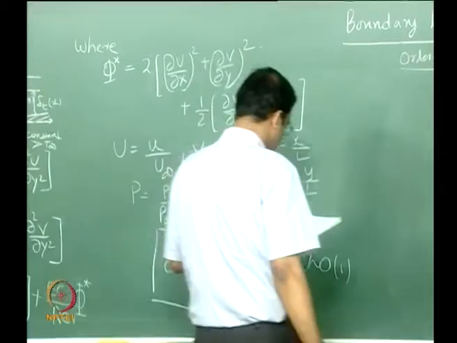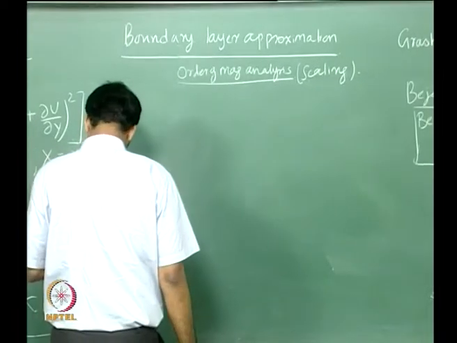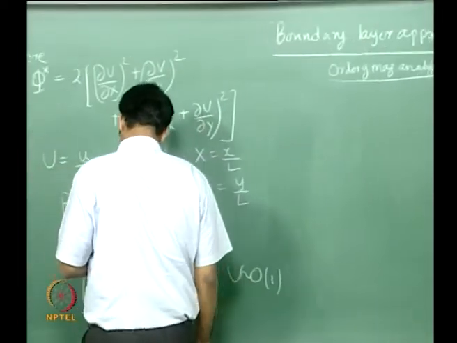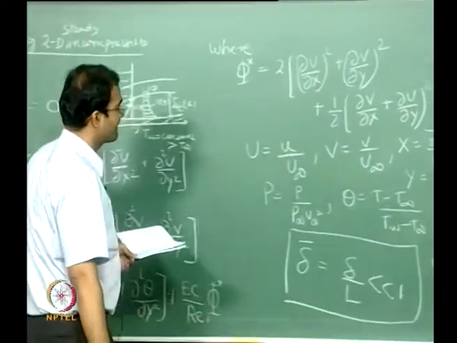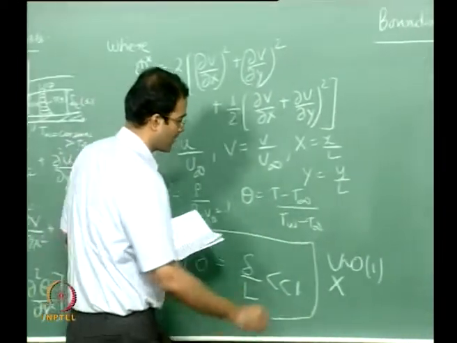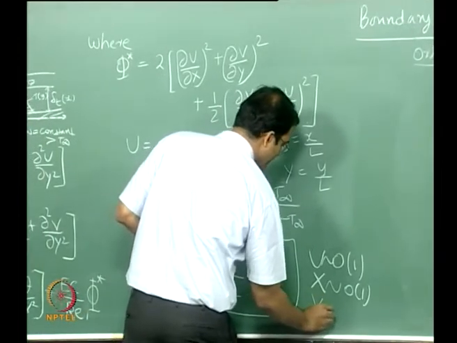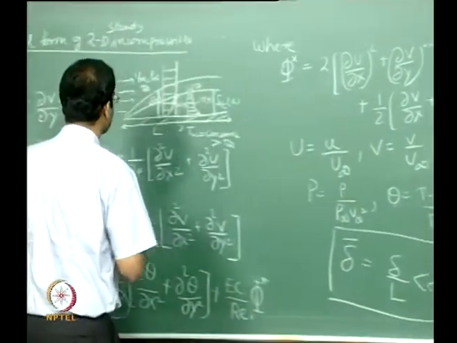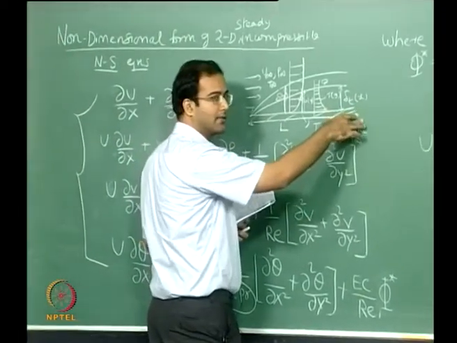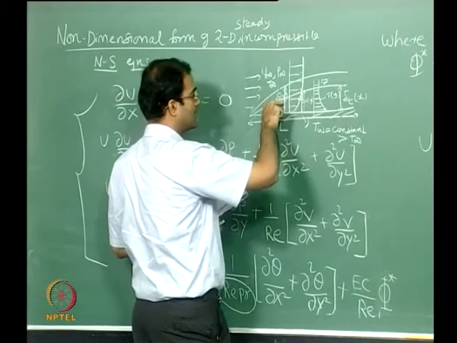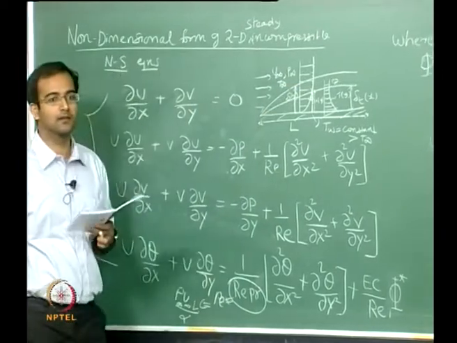So u is of the order of 1, and capital X is also of the order of 1. Now I am going to scale my y non-dimensionally. In the boundary layer, x varies from 0 all the way to the length L, and as far as the y coordinate is concerned, I am mostly concerned with the confines of the boundary layer.